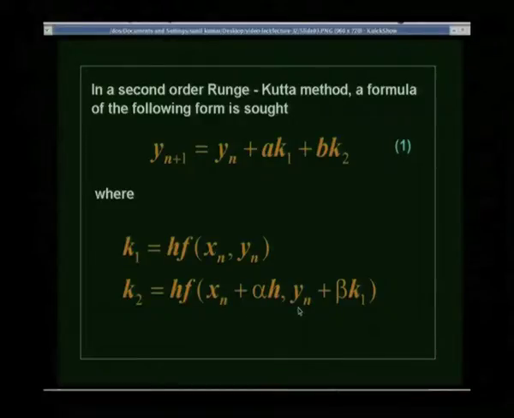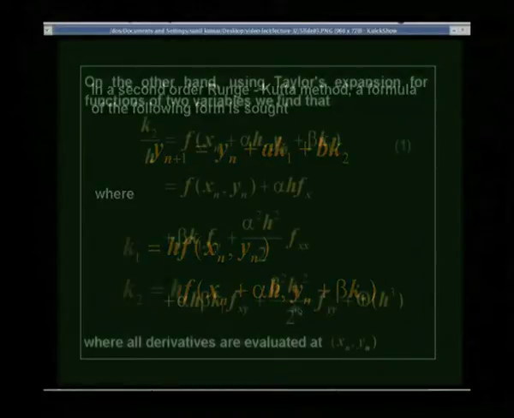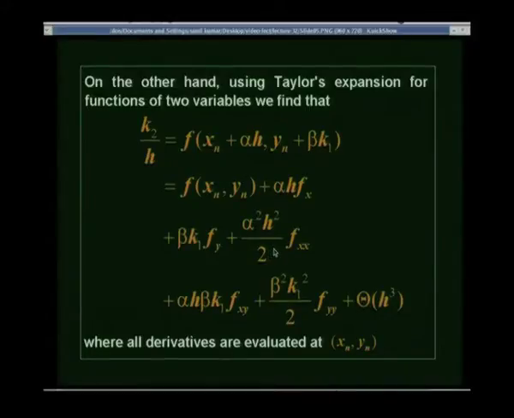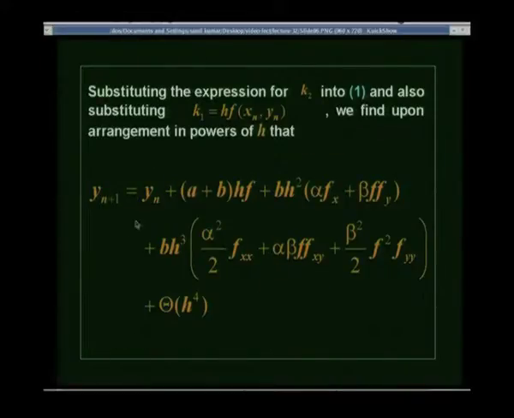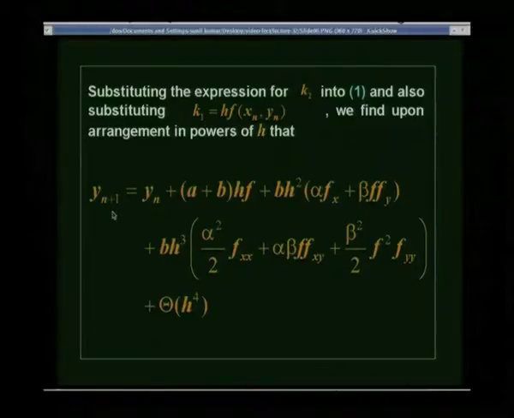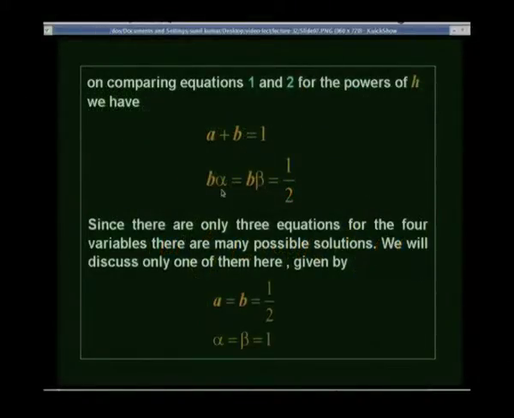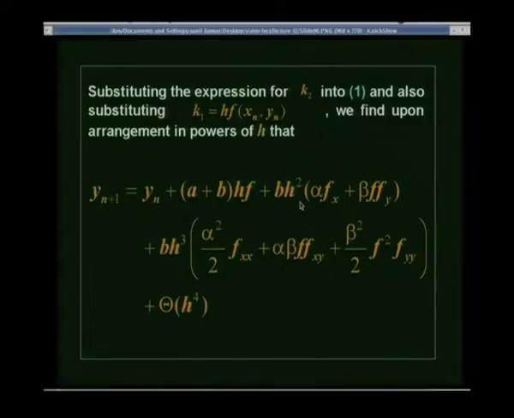And then compare the two expansions, the order h and h square terms, and then I would get an expression that a plus b equal to 1 and b alpha plus b beta equal to 1. So that is what I would get. From these two expressions I can solve.